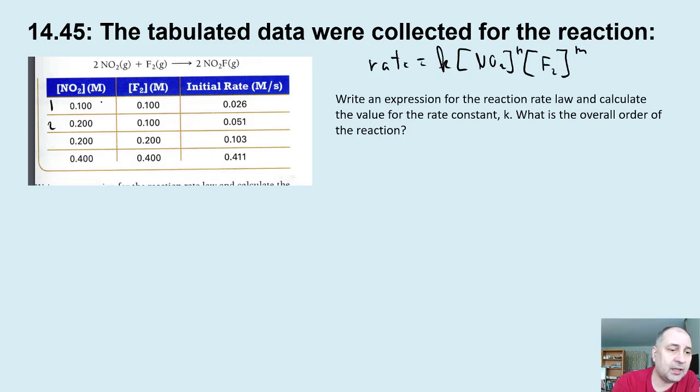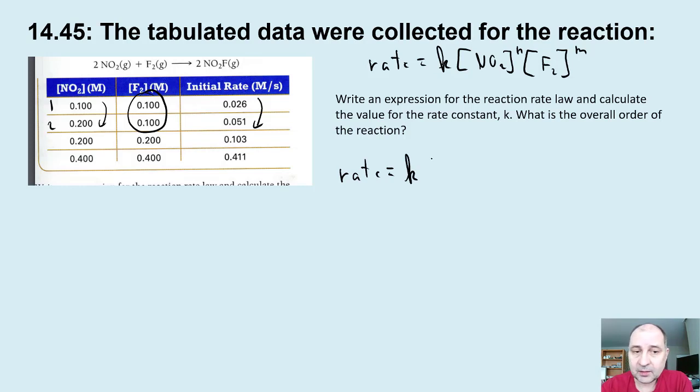We are doubling the concentration. The rate doubles, and really important is that we're not changing the concentration of the second reactant. So we know that this is first order. So the rate equals K times the concentration of NO2. So n is going to be equal to 1.